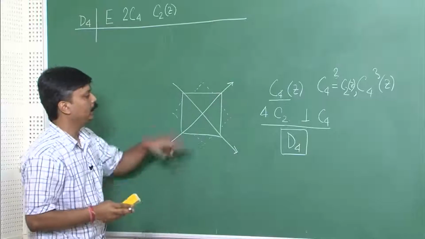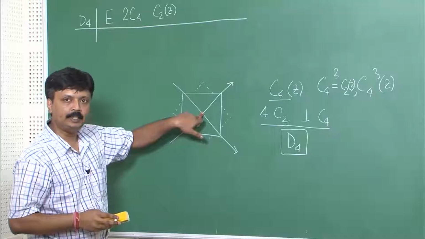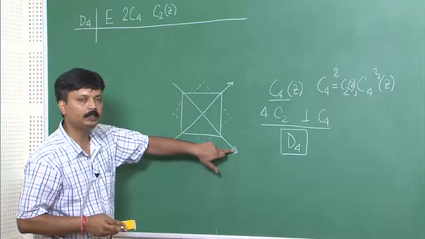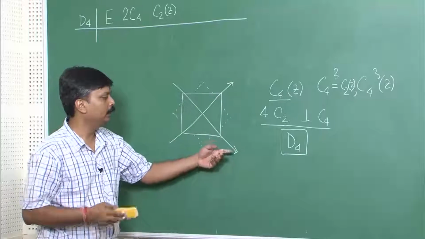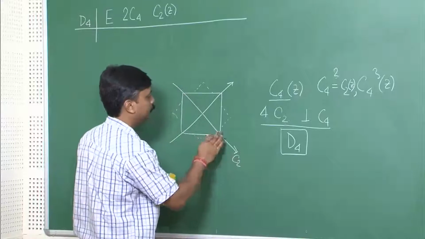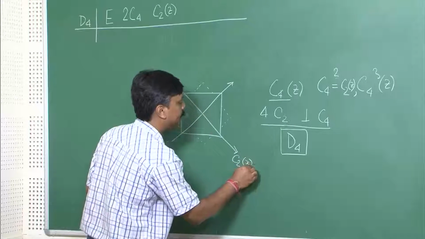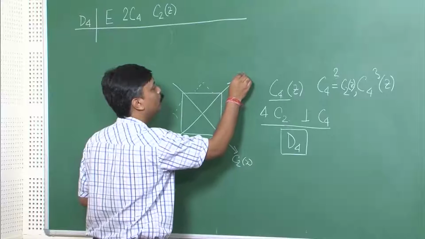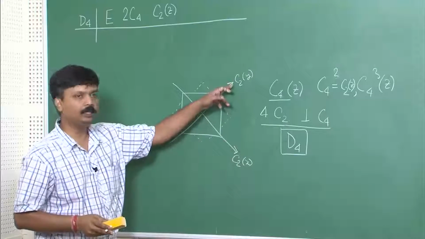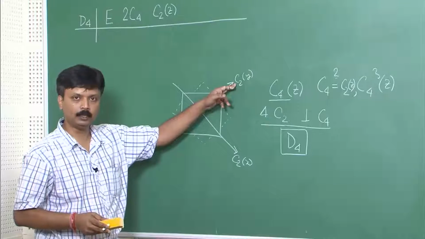Now, you can use C4 to take this particular axis over here. So if this is my C2x, then this will be my C2y. So C2x can be transformed into C2y.